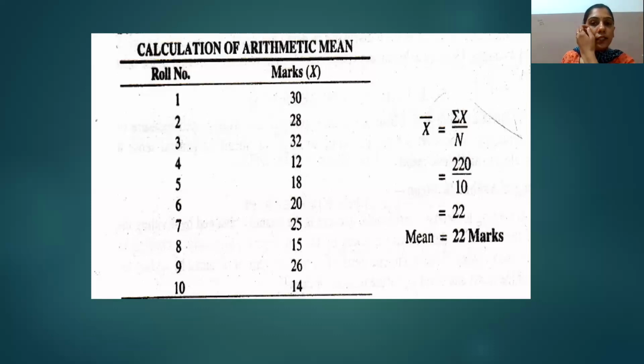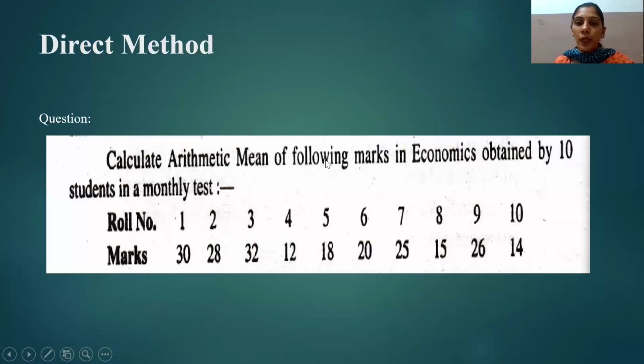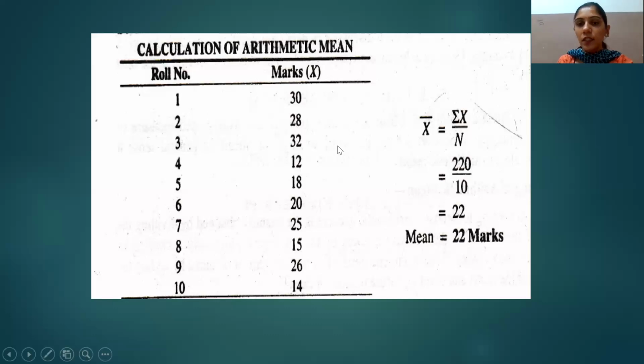So basically we have to add all these values to get sigma x, and n is the total number in the series, which is 10. There are 10 students who obtained marks in economics in a monthly class test.